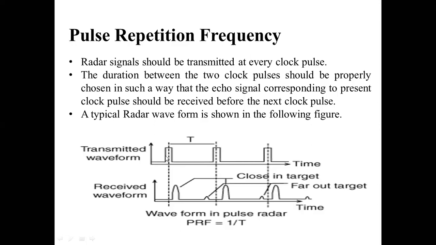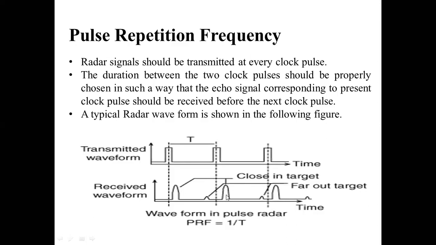Or the second case: you transmit the first pulse, and even though you transmit the second pulse, we are not getting any echo signal corresponding to the first pulse. After transmitting the second pulse, we get some more echo signal. Here we get some ambiguity: is that echo signal related to the first pulse or the second pulse?